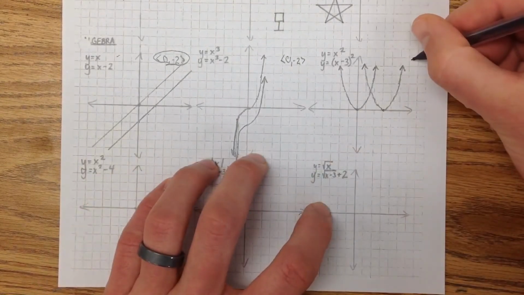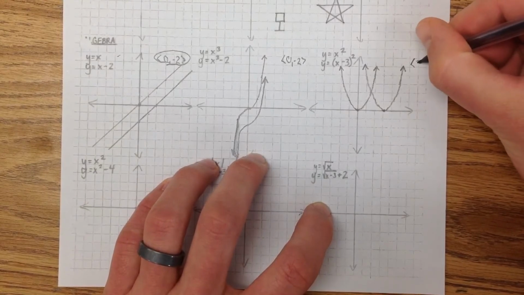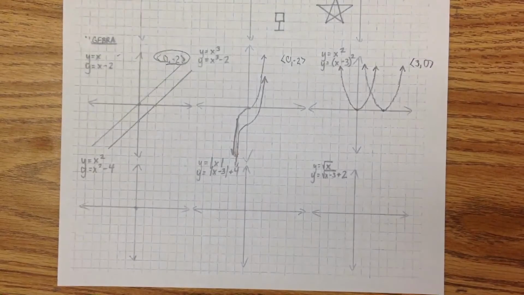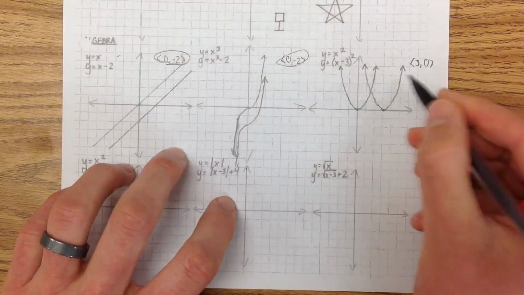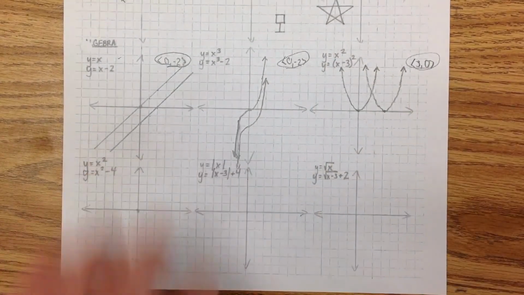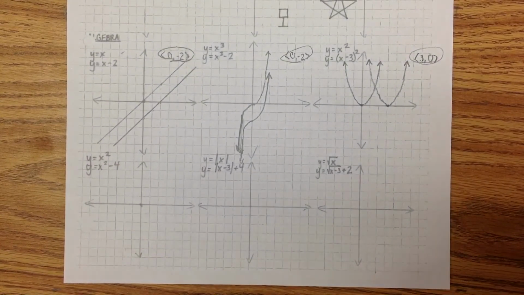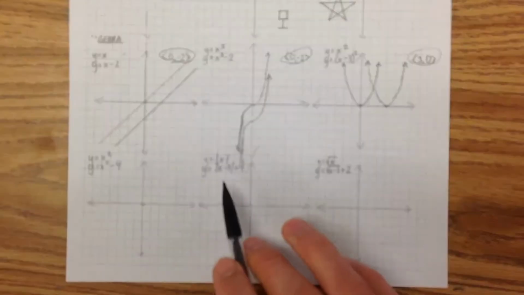So my vector in this case is positive 3, didn't go up and down, so it's 3, 0. And again, don't forget to circle those for me. Okay, you go ahead and do the next ones. You guys know how to do that already.